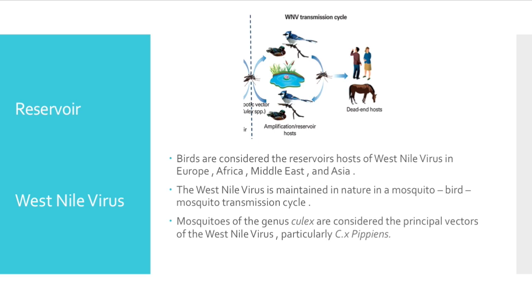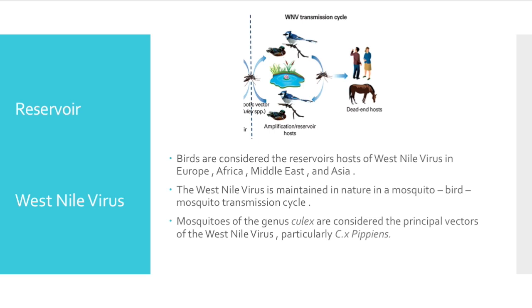Mosquitoes of the genus Culex are considered the principal vectors of the West Nile virus, particularly Cx. pipiens. These are the main culprits that spread the virus.